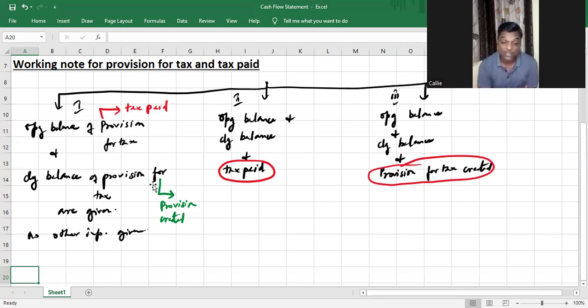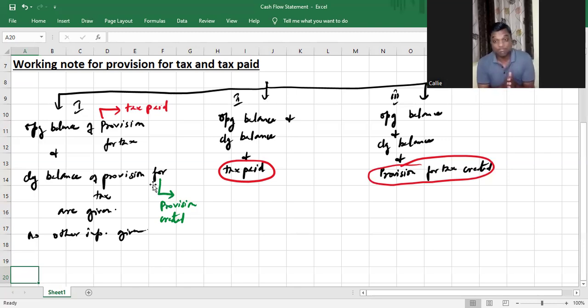And the closing balance is the provision created during the year and use it accordingly wherever it has to be used in the preparation of cash flow statement. All right. So you don't have to prepare any working note if no information other than opening balance.